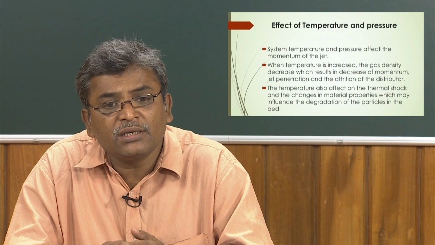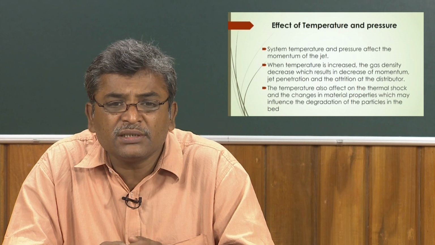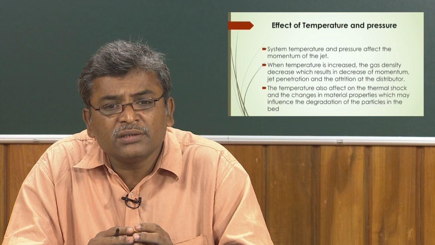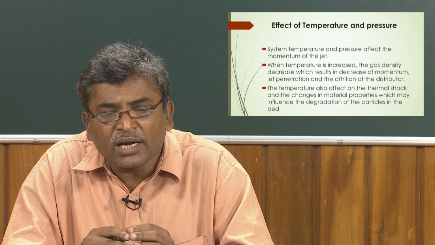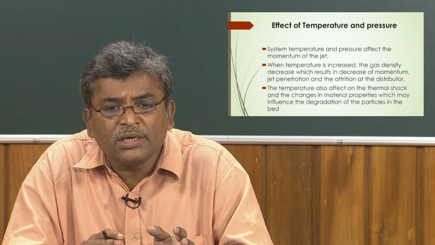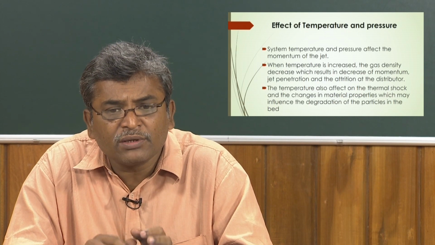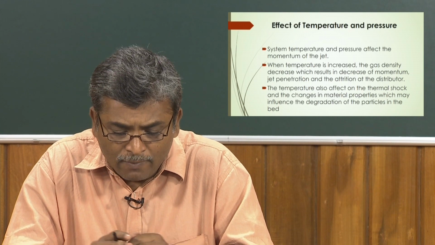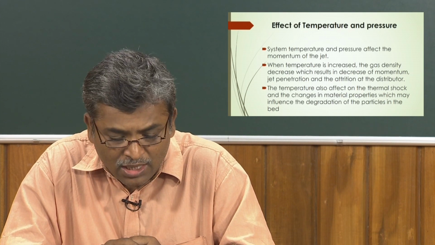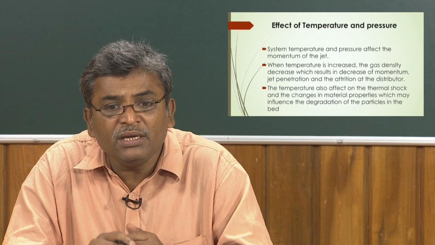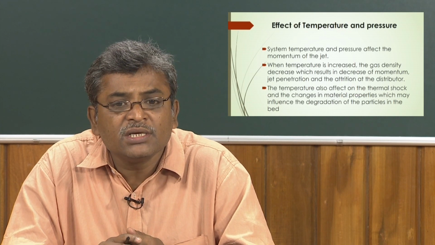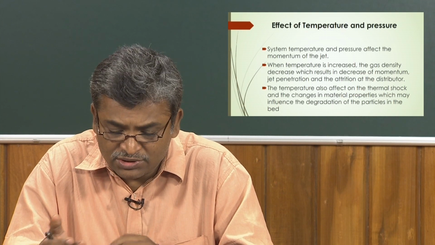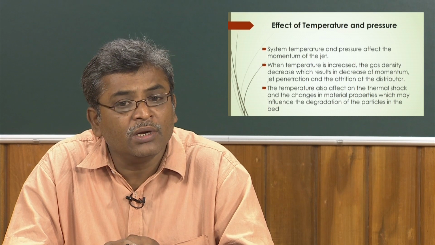But sometimes this is contradicting, because at higher temperature the material properties will change, and brittle materials can easily convert to finer particles, or size reduction will occur, because of which the attrition will be higher. But at the same time the gas density will decrease, which results in a decrease of momentum and jet penetration, and because of which the attrition at the distributor will decrease.